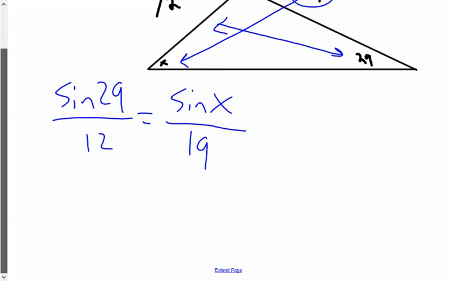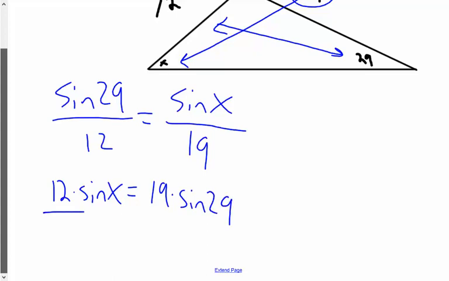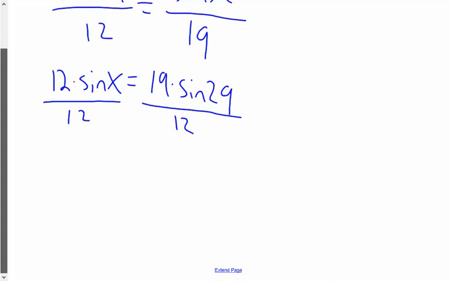Now to solve this, you're just going to cross multiply. So I have 12 times the sine of x equals 19 times the sine of 29. Then I'm going to divide by 12 to get rid of the 12. And then I'm going to do the inverse sine on both sides to get rid of the sine function.